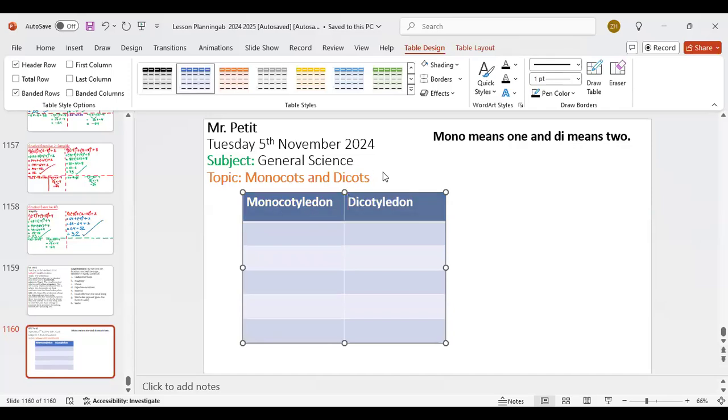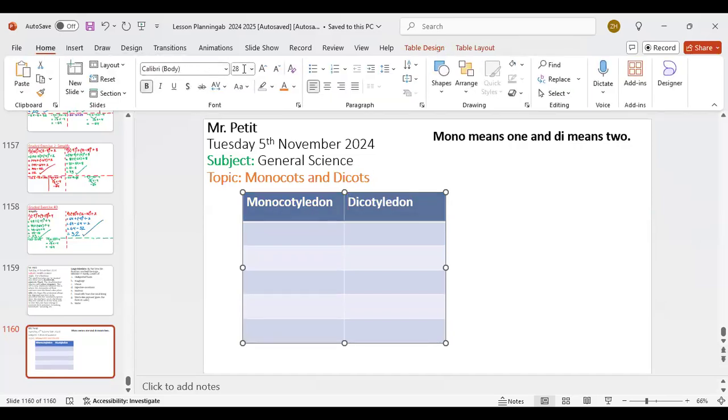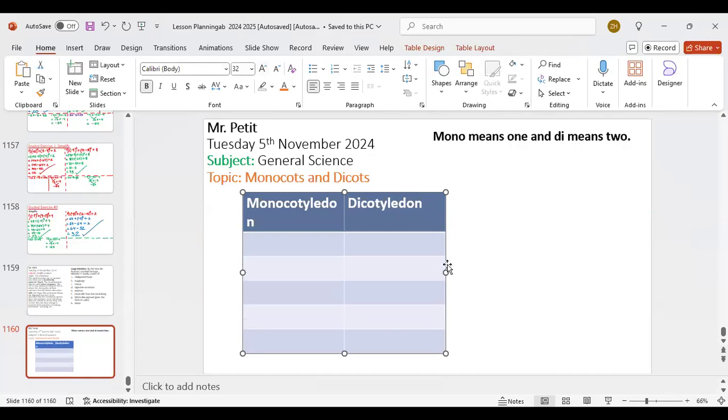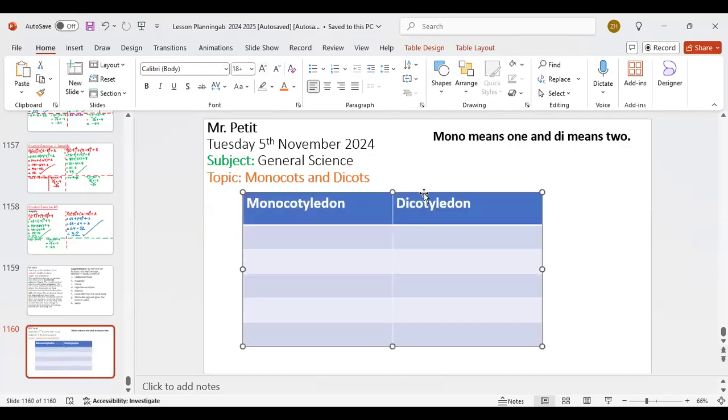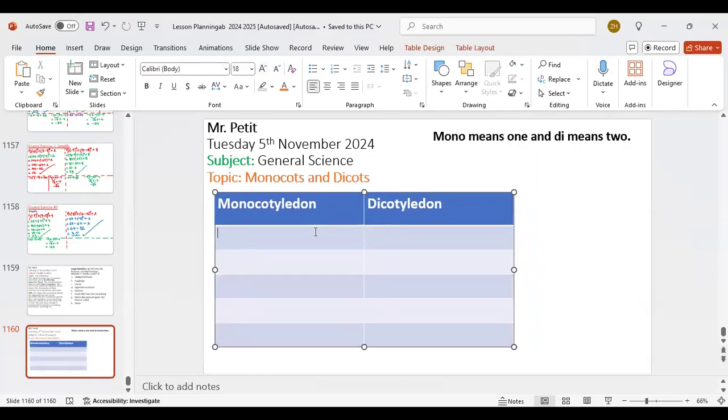They always want you to know, what is the difference between monocots and dicots? They love to ask these sort of questions, and so you have to know them, right? If I taught you nothing else, please remember monocotyledons and dicotyledons. You have to remember them. They love to bring it.